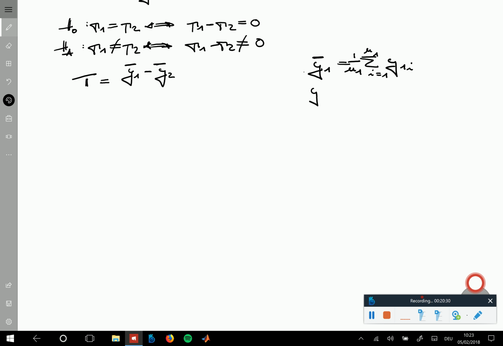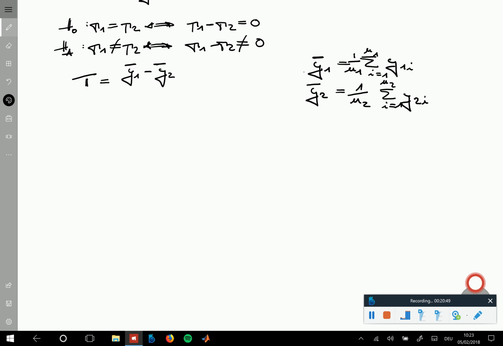Same thing you do for the second group. So here you have N2, which is the number of participants or experimental units in group 2. You compute the average.